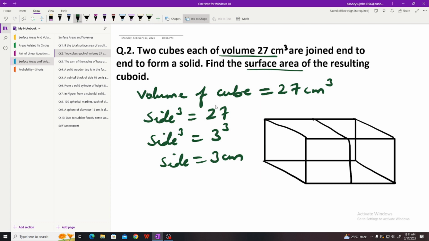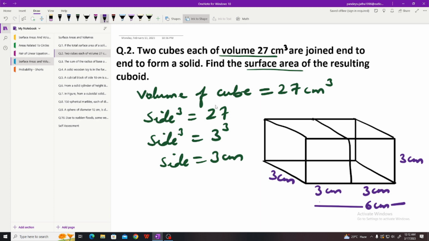So now with the help of this side, if the side of one cube is 3 centimeter and the side of the other cube is also 3 centimeter, so here the length of the cuboid will be 6 centimeter, and the height is 3 centimeter and the width is 3 centimeter.